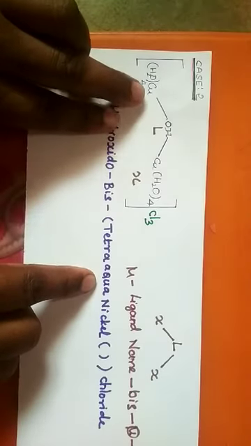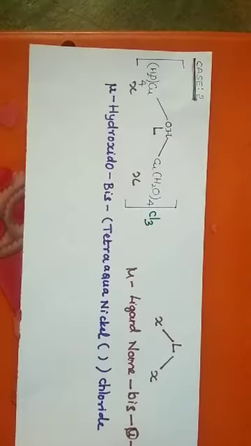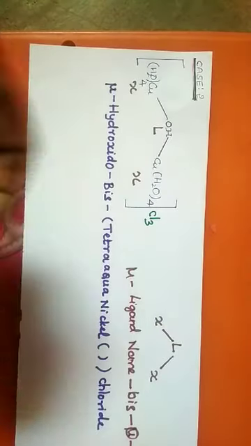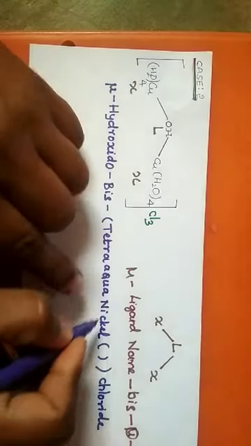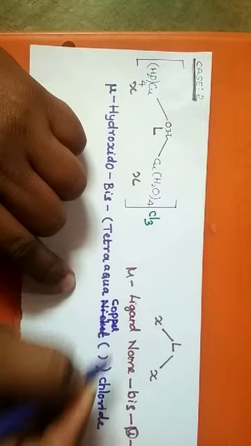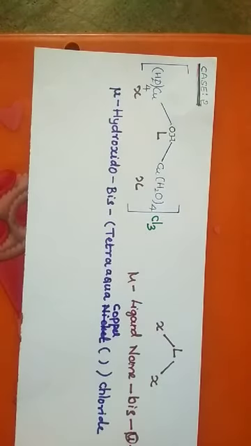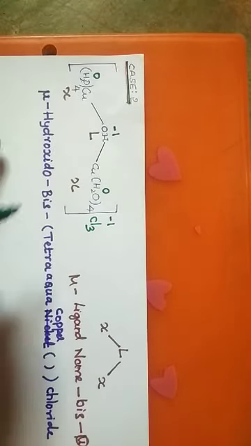The metal is copper. Because we are using copper, you write the name copper, not nickel. Sorry students, you write copper. How much is there? You have to find the valency. How to calculate, I already explained previously. Now you can calculate the valency.